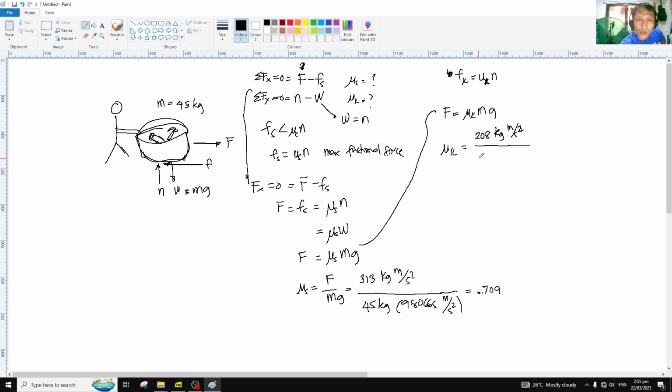all over your mass, which is 45 kilogram, and then your acceleration due to gravity 9.80665 meters per second squared, and that will give us 0.471 for the mu k.